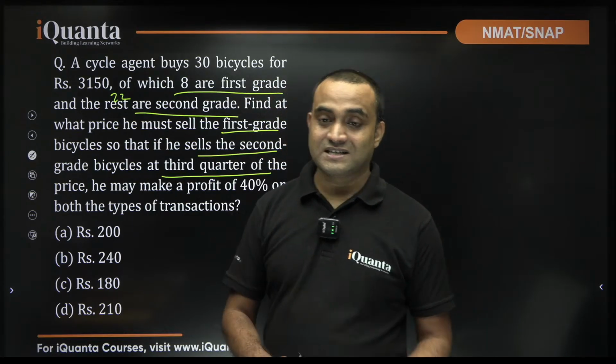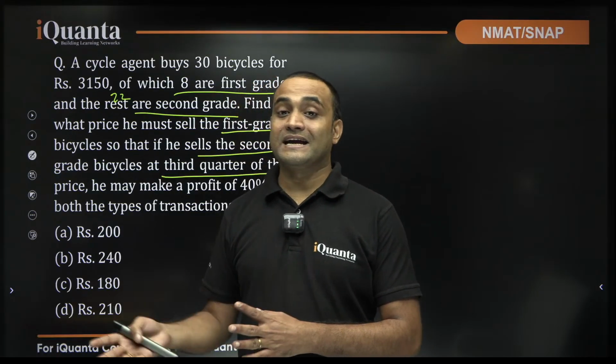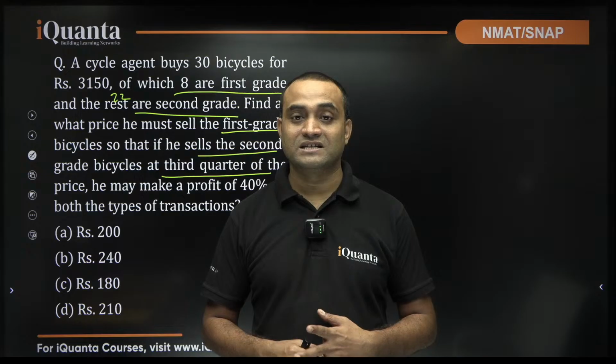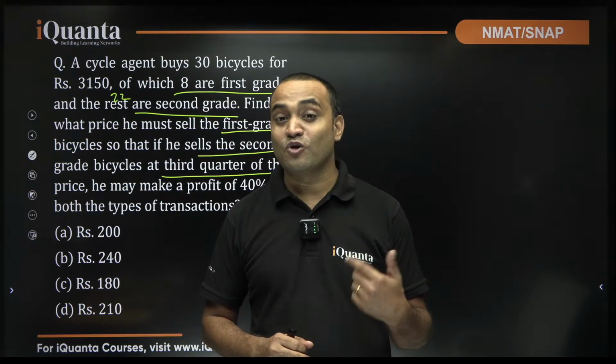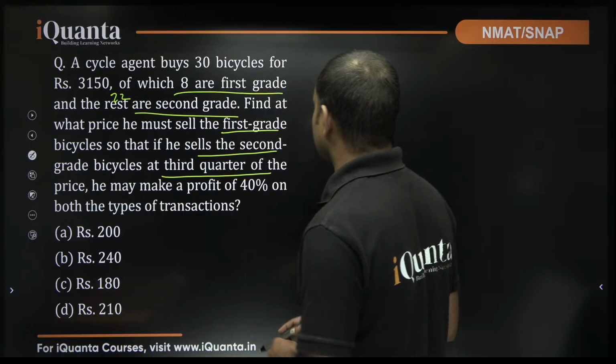Means the profit should be 40% in both the transactions, means overall profit should also be 40%, right? Overall profit should also be 40%.